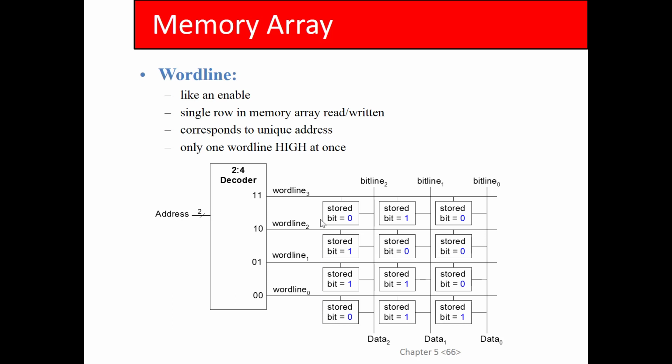Actually, you would have one decoder for each port on the memory. I'll talk about ports in a minute, but in this case, you put an address in, it activates one of the 4 word lines, or one of the 2 to the n word lines, where n is the number of address bits. And then whichever word line is activated, that row, all the columns associated with that row, will be connected to their corresponding bit lines.